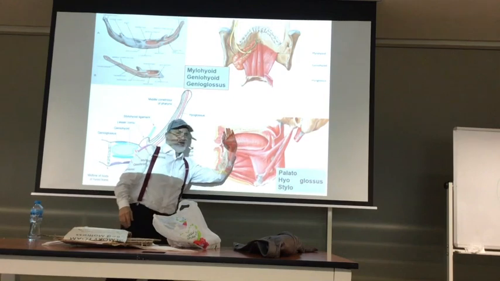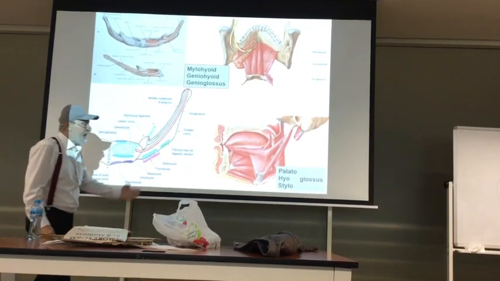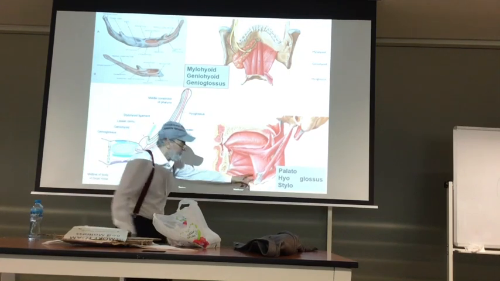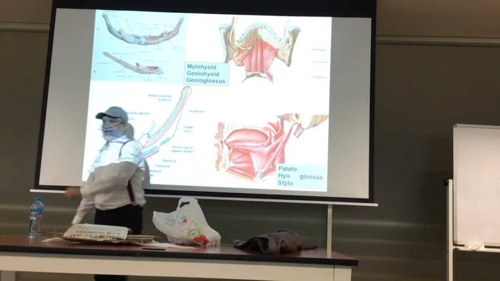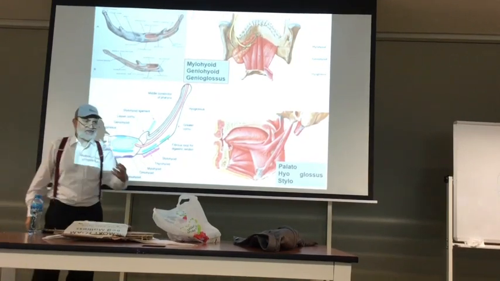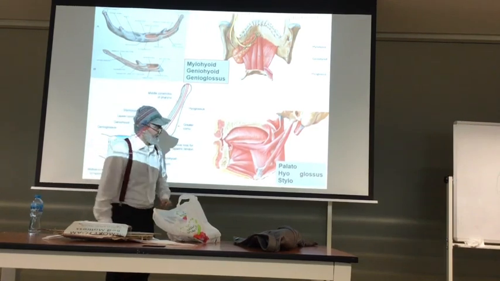Doctor, can you show us the middle constrictor in this one? Can I show you the middle constrictor? It is here. Good question, because it gives me a chance to brag as well.